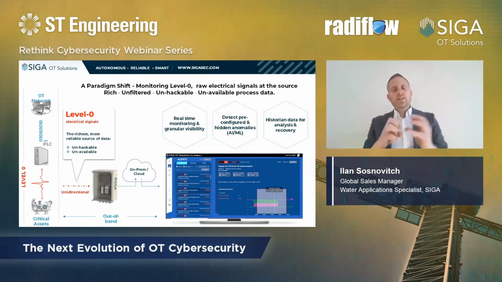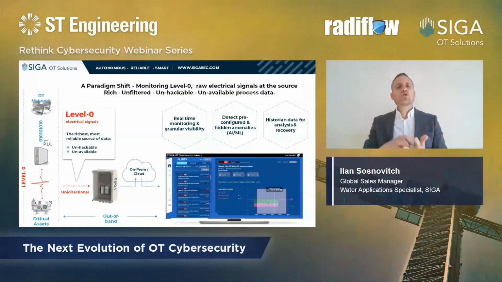When we acquire these electrical signals, we take them into our software platform in order to analyze them. First, we provide real-time monitoring and granular visibility into the OT process. But on top of that, we apply machine learning algorithms which analyze the normal behavior of the process. It doesn't matter which process it is, the algorithms analyze what the normal behavior of the process is.